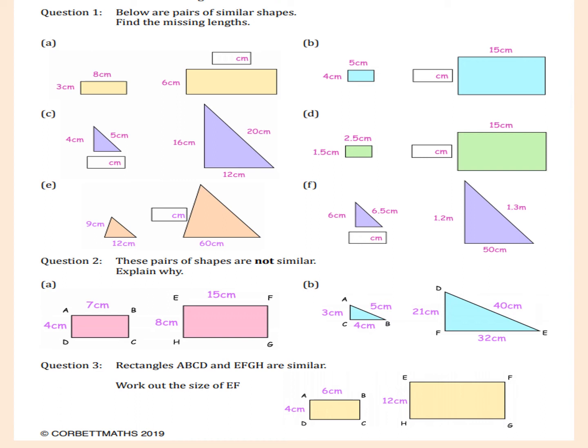Okay, I think you probably worked most of those out now. Scale factor on A, multiplied by 2. 8 times 2 is 16. B: 5 times 3 is 15, scale factor 3. 4 times 3 is 12. Scale factor on 4: 12 divided by 4 is 3 centimetres.